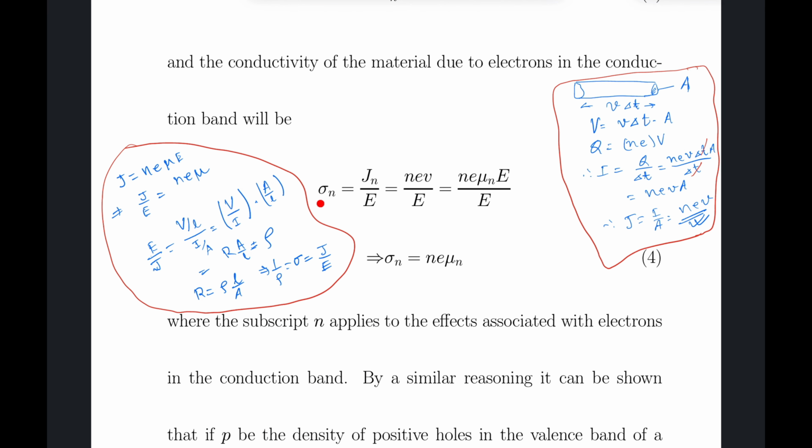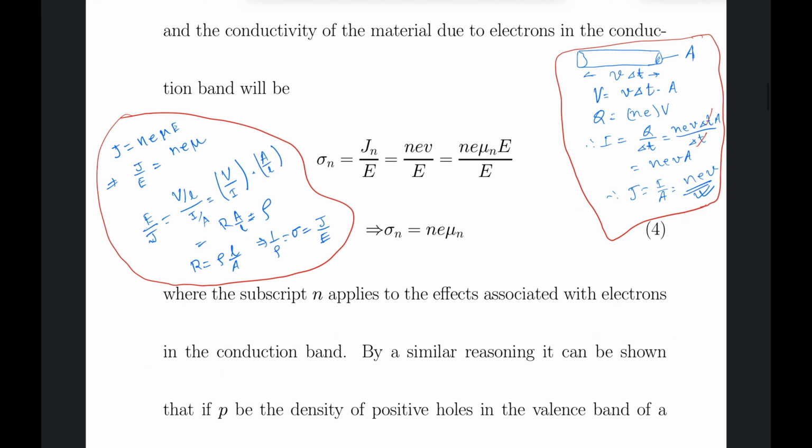Now, sigma n, that is the conductivity of the material due to electrons in the conduction band, is Jn upon E, and put the values here. So when simplified, this gives you sigma n equal to n e mu n. Okay? Where the subscript n applies to the effects associated with electrons in the conduction band. Clear?